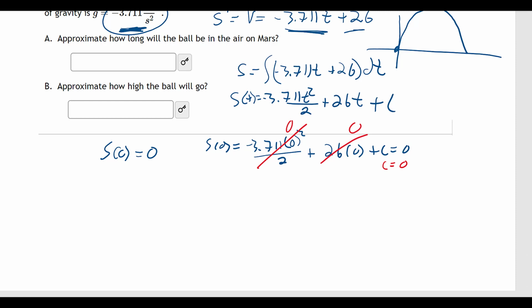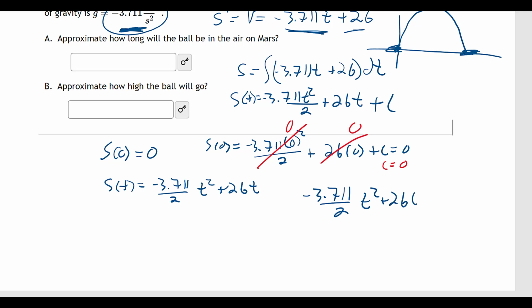Let's continue with this. We have s of t is negative 3.711 over 2 times t squared plus 26t. We want to know when the height is 0. When is the height down here at the ground? So if we take negative 3.711 over 2 t squared plus 26t and set that equal to 0, we can factor out a t: t times negative 3.711 over 2 times t plus 26 equals 0.